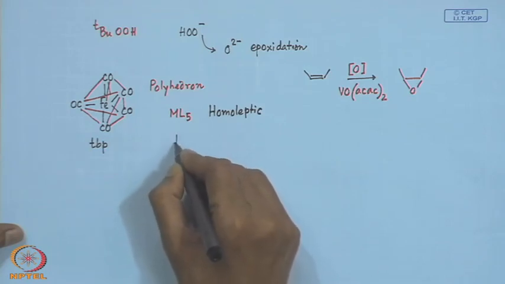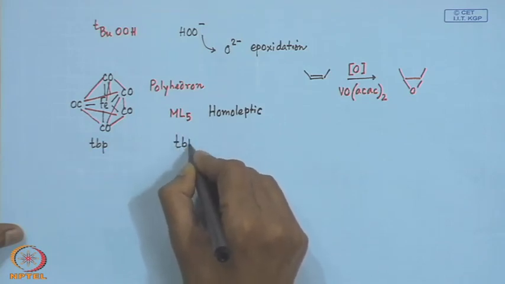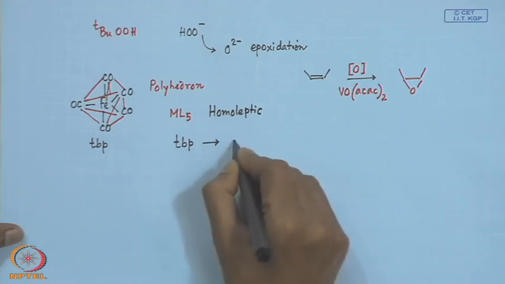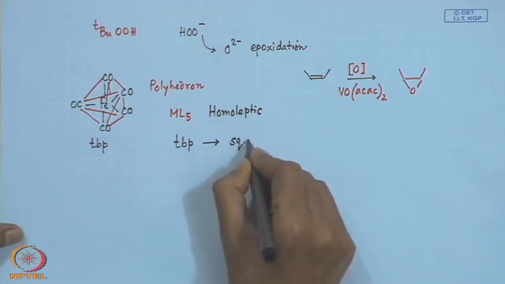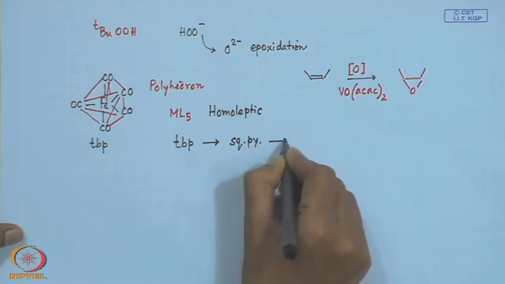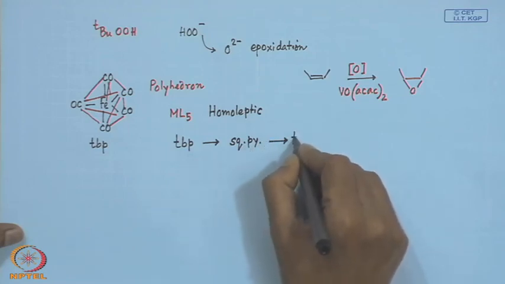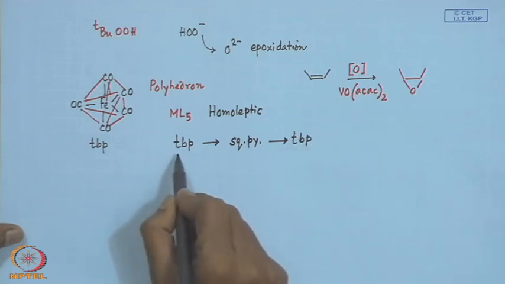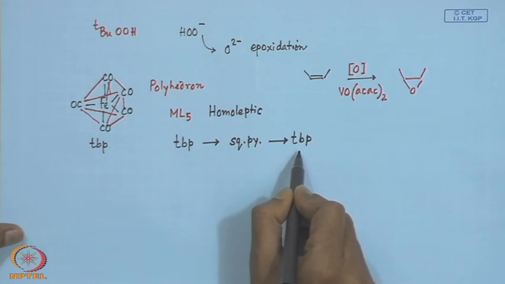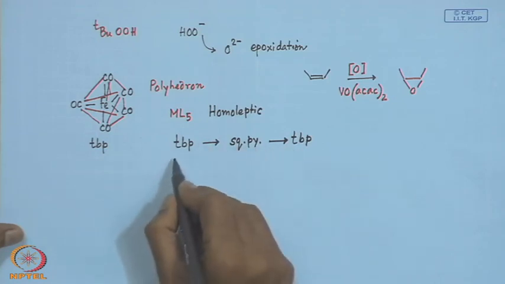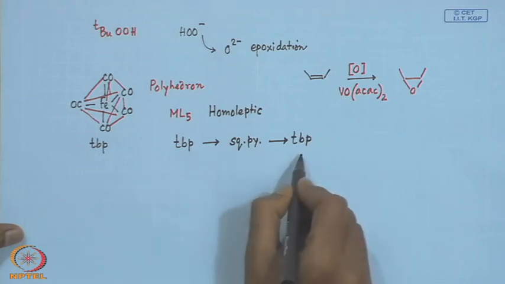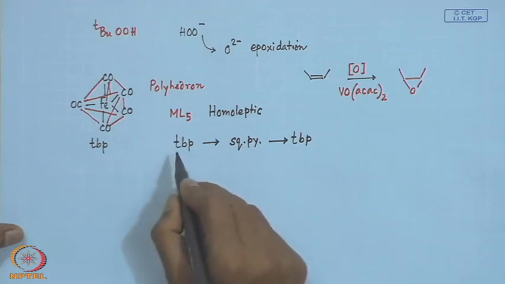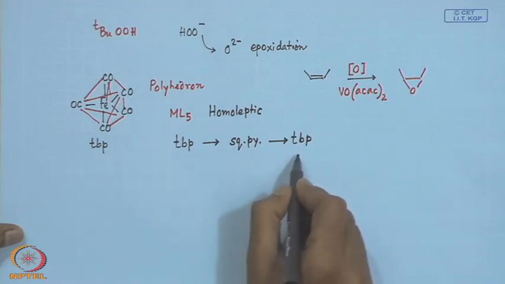So when they are changing from trigonal bipyramidal to a square pyramidal geometry and again to TBP geometry, we are not getting back the original geometry in this particular case, and the corresponding axial groups are changing to the equatorial position and equatorial groups are changing towards the axial position.